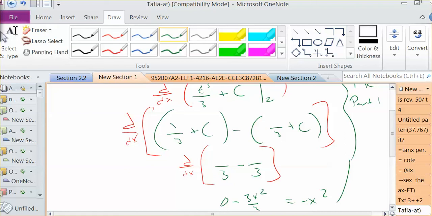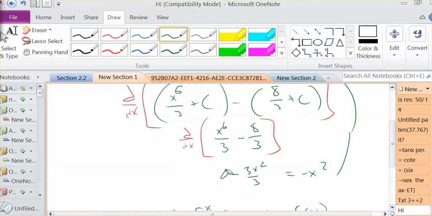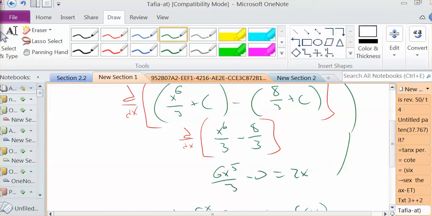So now that becomes x to the 6. It's still 8/3. So now when I take my derivative of this, that's going to be 6x to the 5th over 3 minus 0, which is 2x to the 5th.